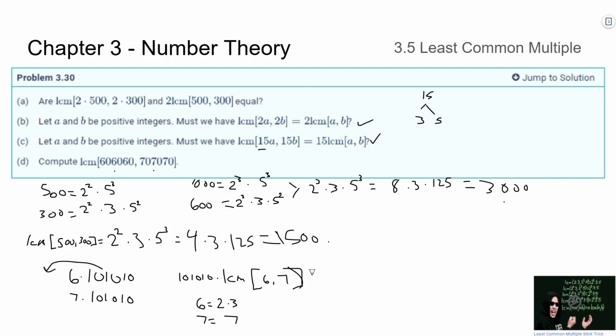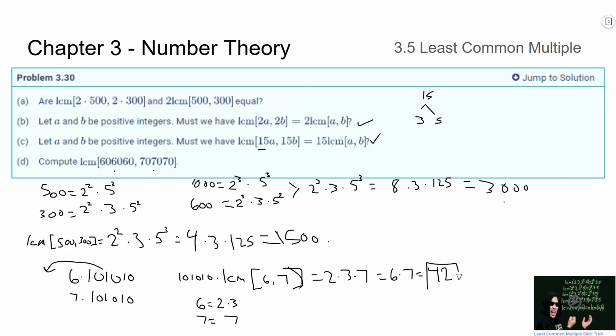So the least common multiple would be 2 times 3 times 7, which would be 6 times 7, which would be 42. And I mentioned a couple slides ago that sometimes the least common multiple would just be multiplying the two numbers together, and that is the case. The smallest multiple that these two numbers have in common is just multiplying them together. It's not the only common multiple they have, but this is the least common multiple.